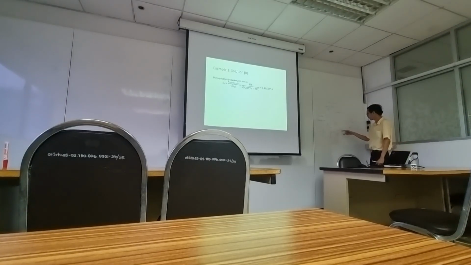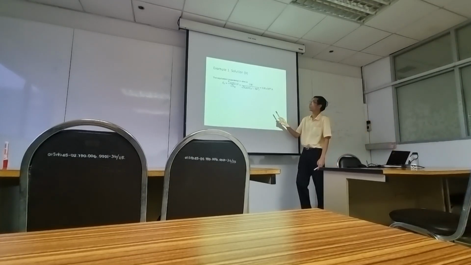If you don't like line to neutral, you can use the rated line to line, but you need to divide by root 3. Set the angle to 0, and this is just the magnitude. Line to line divided by root 3 gives you line to neutral, divided by ZS, and this is the short circuit current.